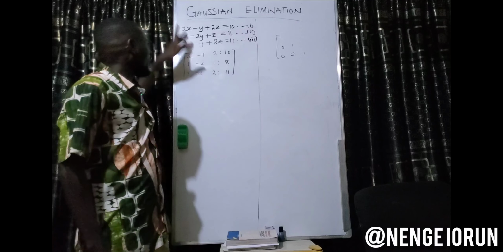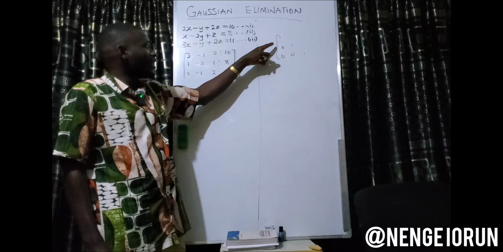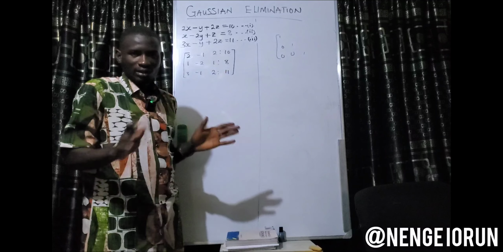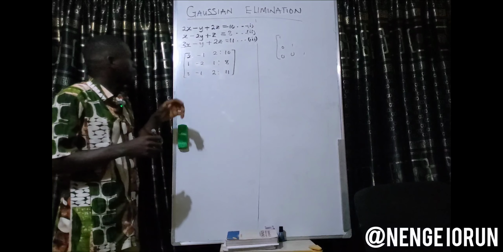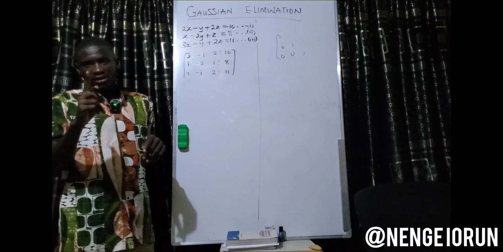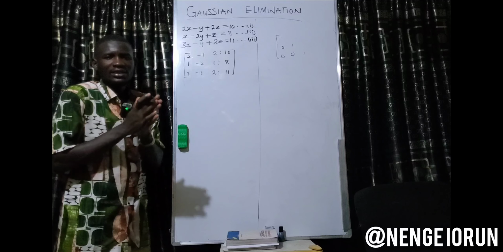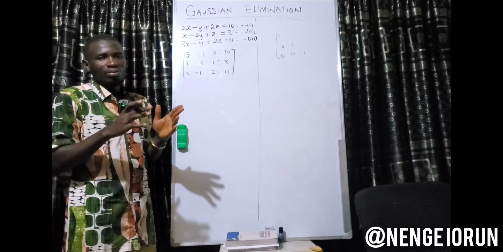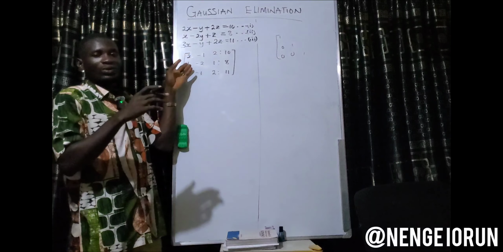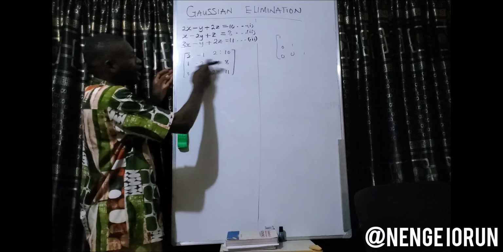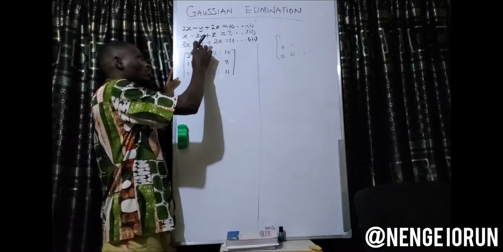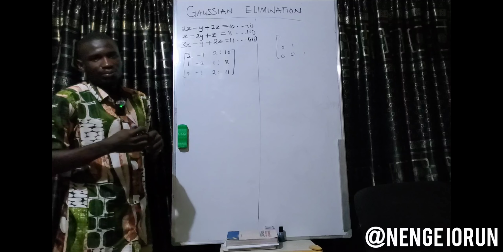So to get 1, you can either divide a whole row by a number to make it 1, or you interchange row 2 with row 1 as the case may be.